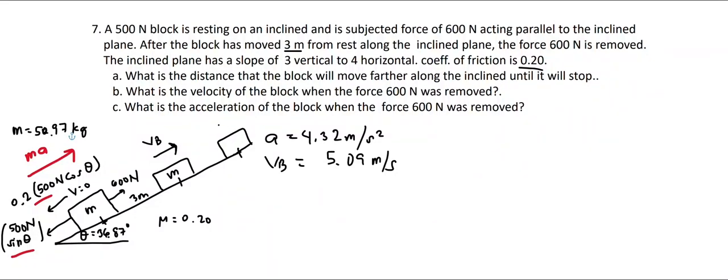Let's call this point C, which has a velocity of 0, since it will stop.